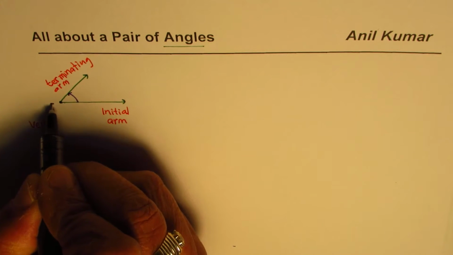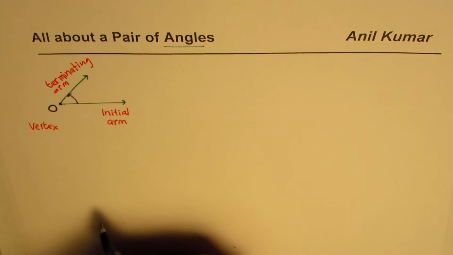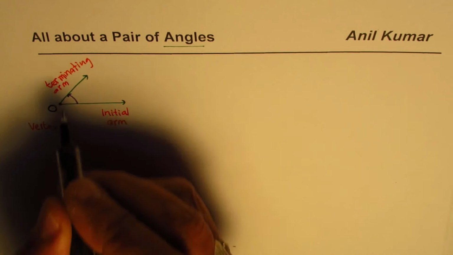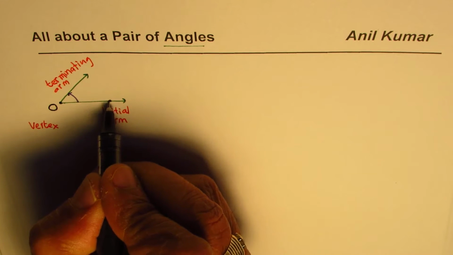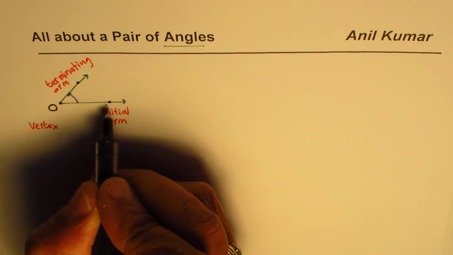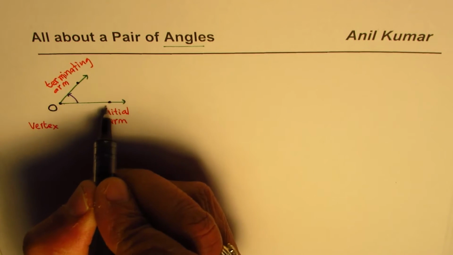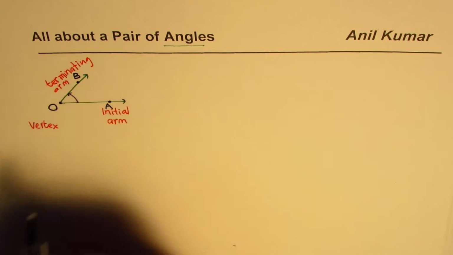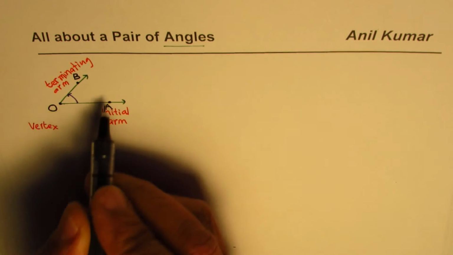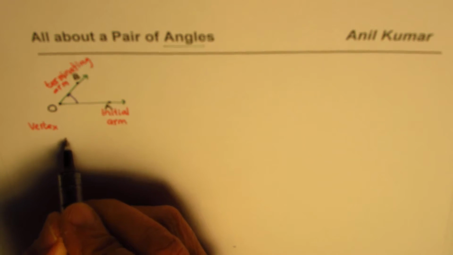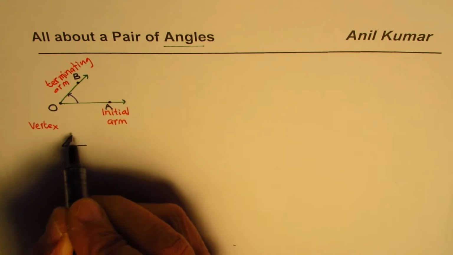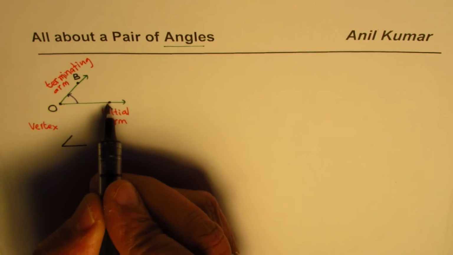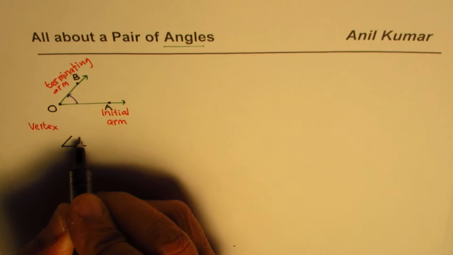Normally, we may write vertex with letter O, right? It's not necessary. Capital letters are used to name an angle. And let's take a point on each arm. Let's call this point as A and the one on terminating as B. Now that mathematically is written with a symbol like this, which is kind of an angle as shown here, AOB.